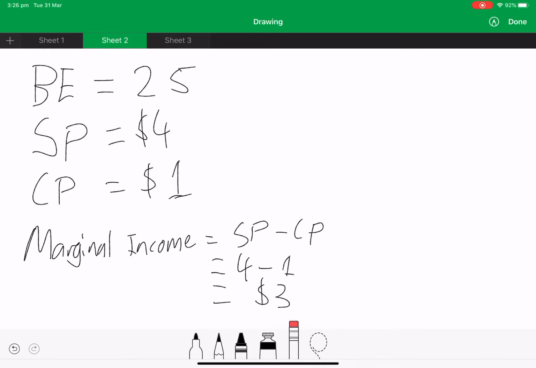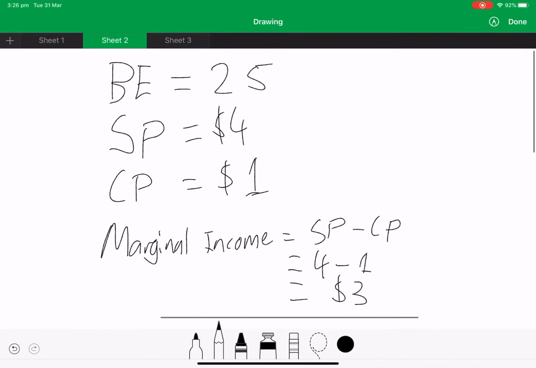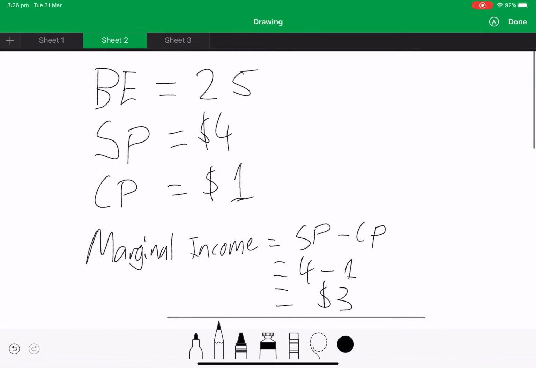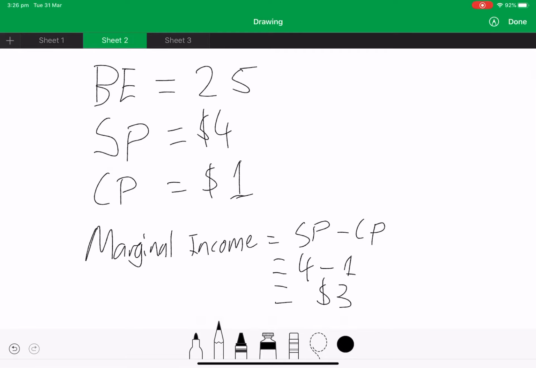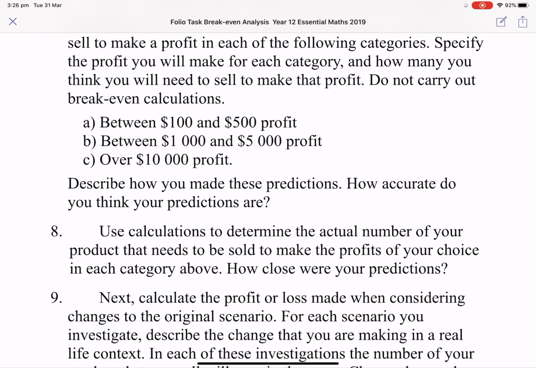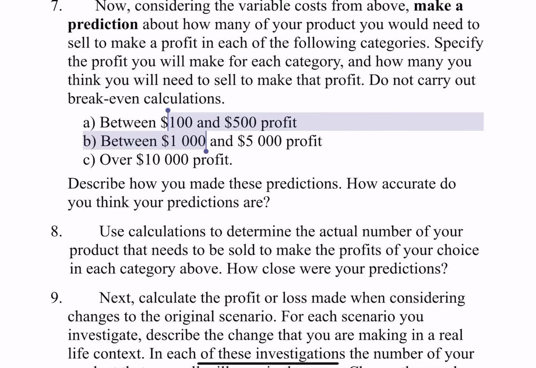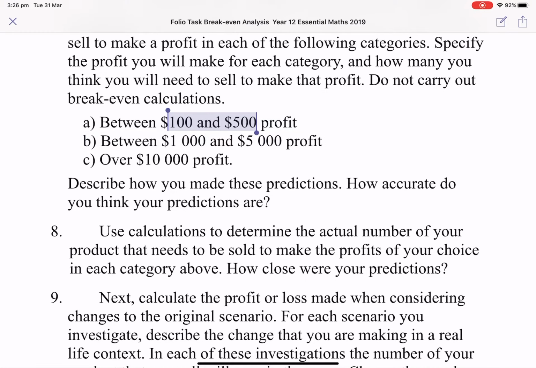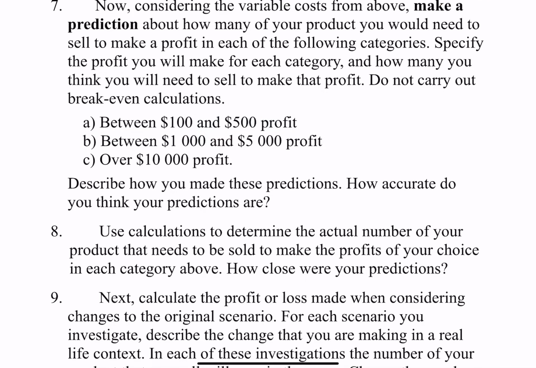So let's say that my marginal income is $3, my break-even point is 25. For the first one, this is the one here between $100 and $500. So we're making that guess.